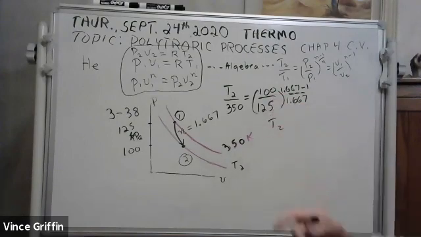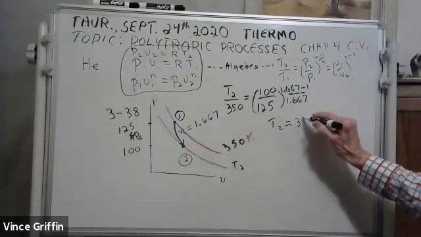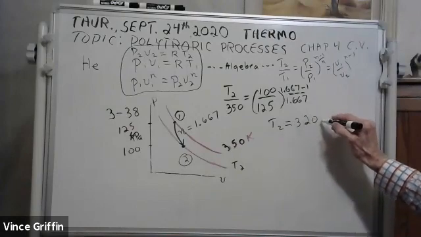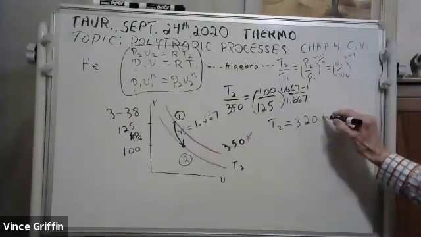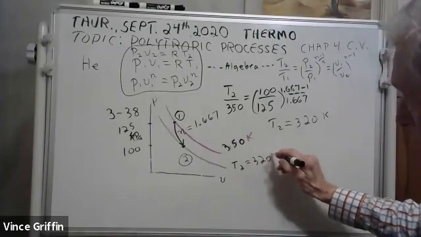Then take 100 over 125 to the 0.4 power, multiply by 350. I got 320. Yeah, there you go. T2 is, well, you could say 320.1 or just 320 is good enough for me. See, it cooled off. It's 320 K.